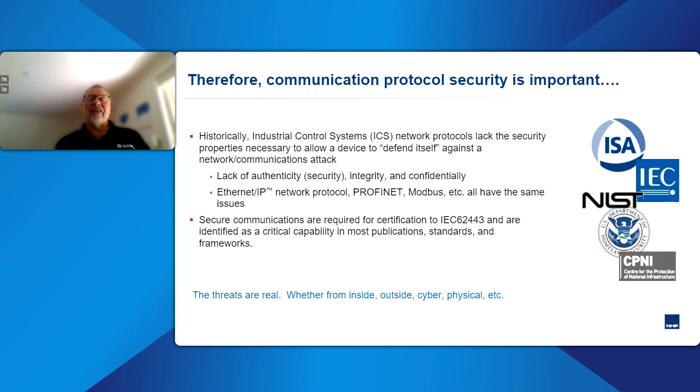And now we have all these standards coming along, and the current big one is IEC 62443, which grew out of ISA-99. There's a need for us to be able to protect the protocol, or protect the network, or have some protection where the devices can protect themselves.